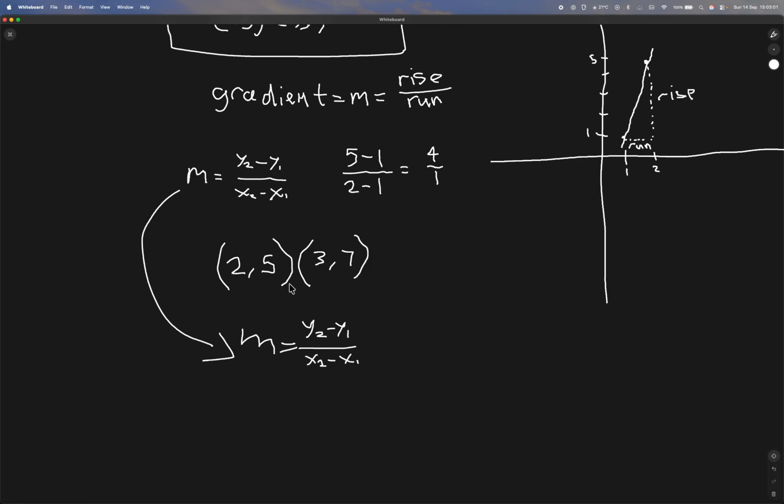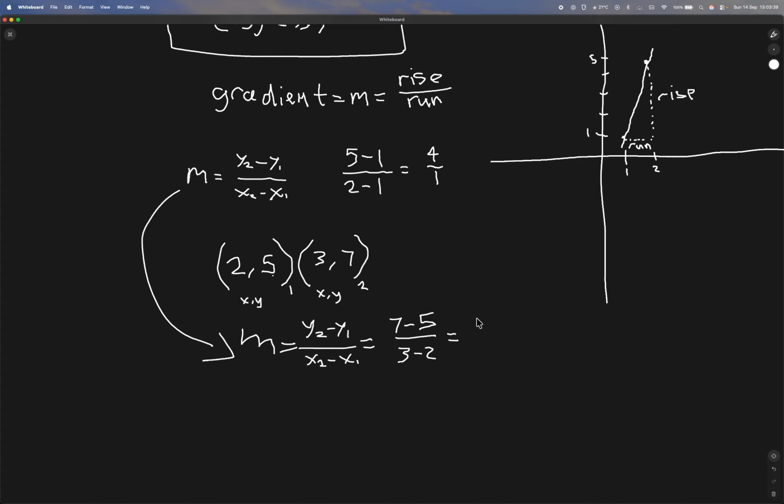So, let's call this one here 2, call this one here 1. So y2 is going to be, it's xy. You can remember these as alphabetical order. The y of the second one, so 7, minus y1, which is going to be 5, over x2, which is 3, minus x1, which is 2.